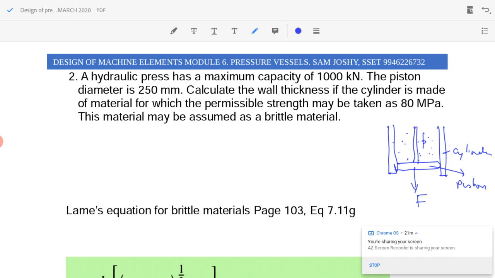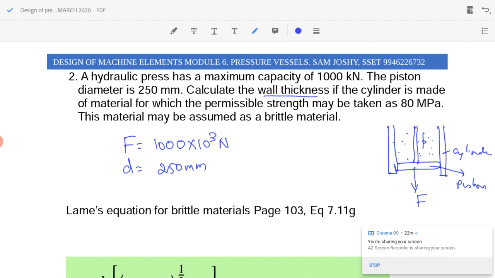In this, the maximum force it can exert is F equal to 1000 kilonewton, 1000 into 10 power 3 Newton. Piston dia equal to 250 mm. Since nothing is mentioned about the piston rod, I can take it as negligible. So the total pressure acts on the area of the piston. Calculate the wall thickness.